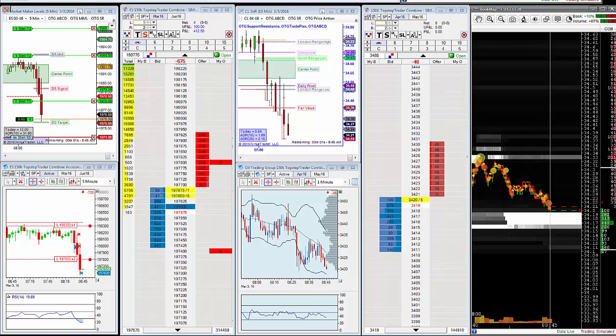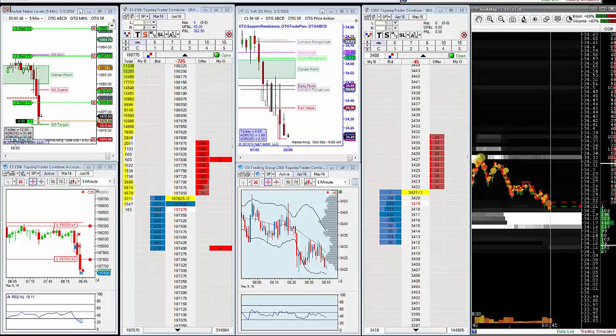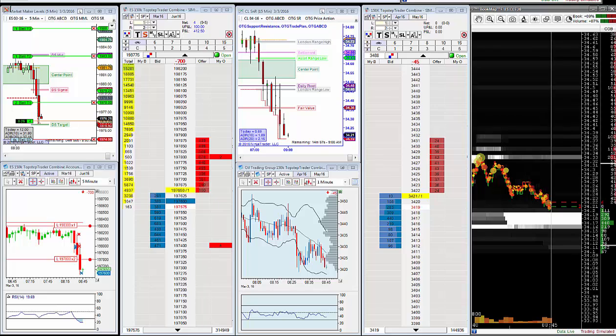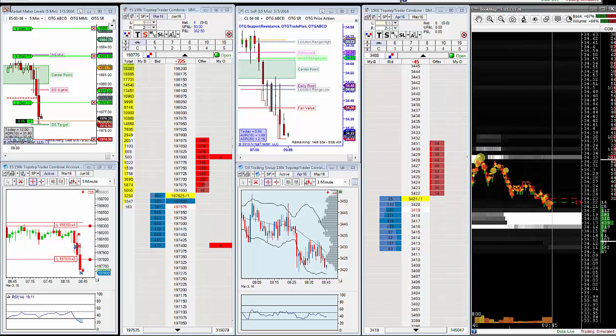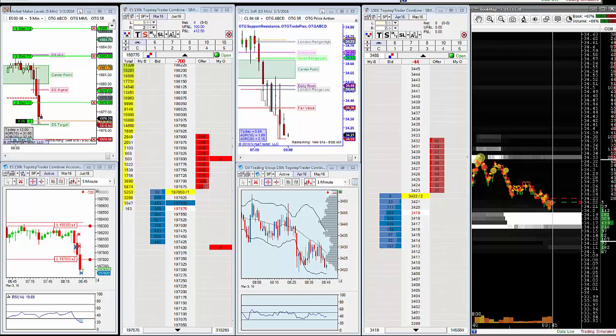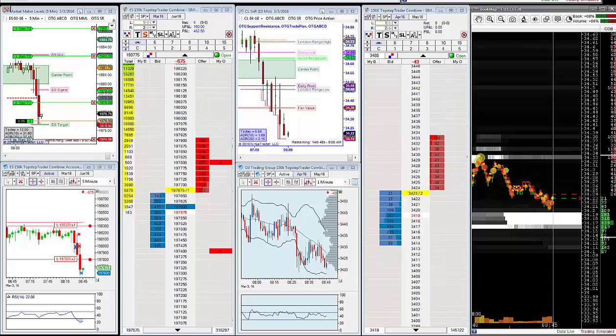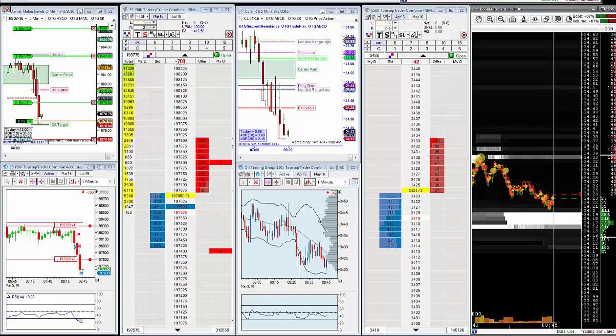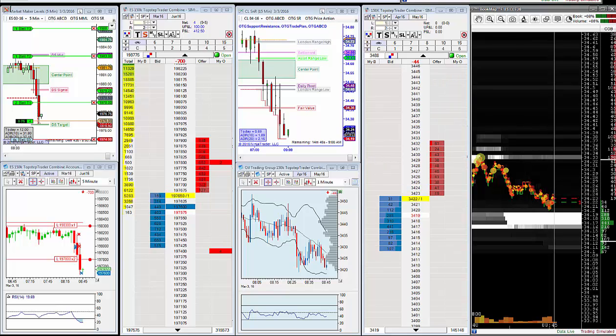CL's trying to come down, which I don't like because that seems to be the leading idea. That seems to be the leader these days. Got to get up through 77, 77 half again.